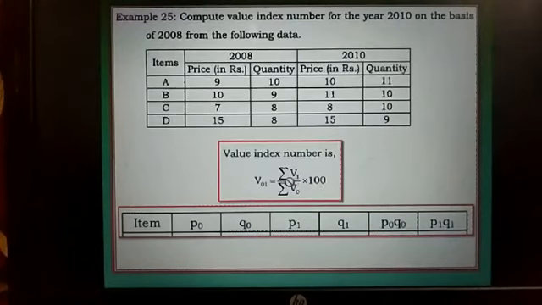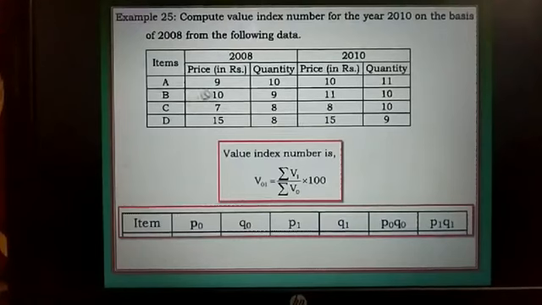V1, I mean to tell, value in current year, is nothing but P1 multiplied by Q1. Value in base year is nothing but P0 multiplied by Q0.